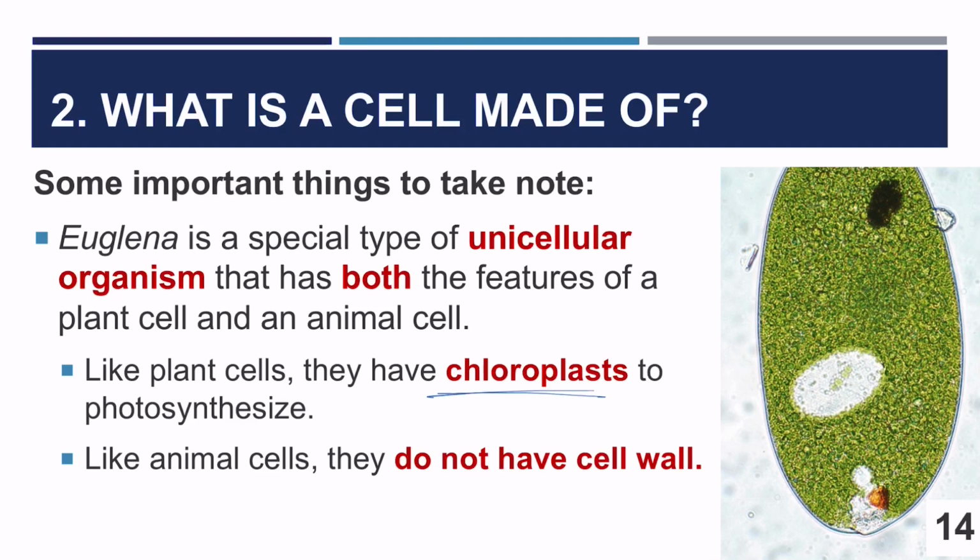You can look at all these structures inside, they are green in color. These are all the chloroplasts, a lot of them actually, okay? Which means that this cell, technically you expect it to be like a plant cell. But it's not a plant cell because it doesn't have a cell wall, which is what an animal cell would be like. So interestingly, in the unicellular organisms world, there are usually cells that can have such features.